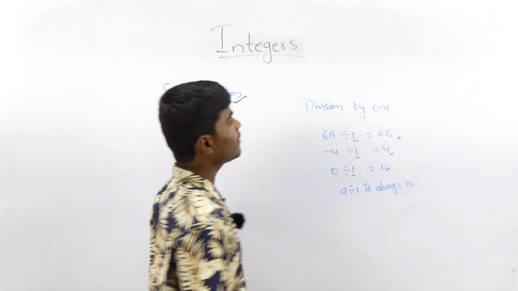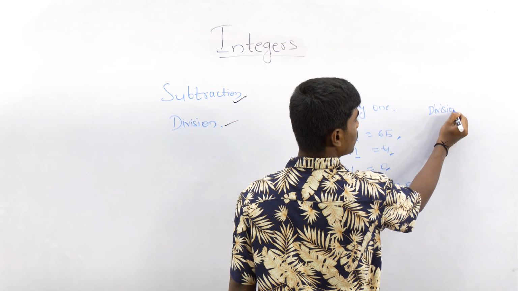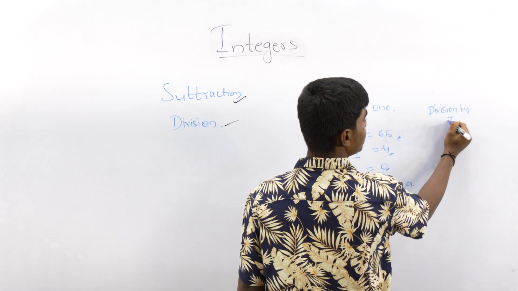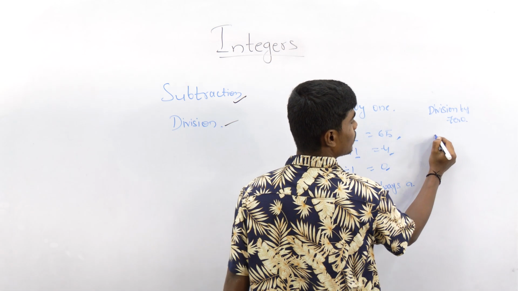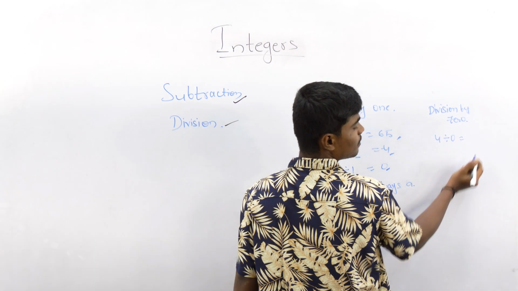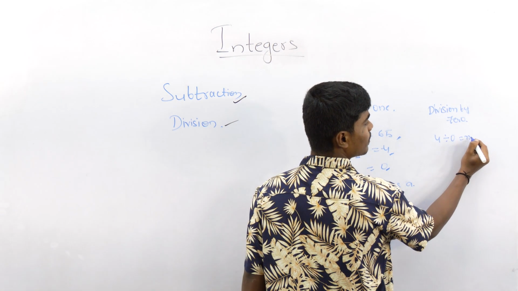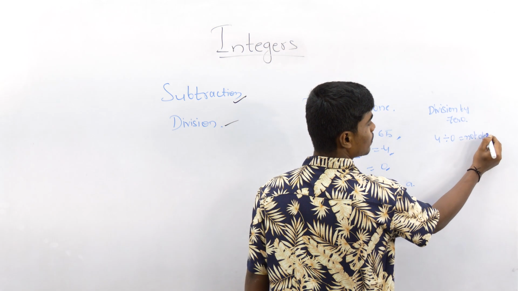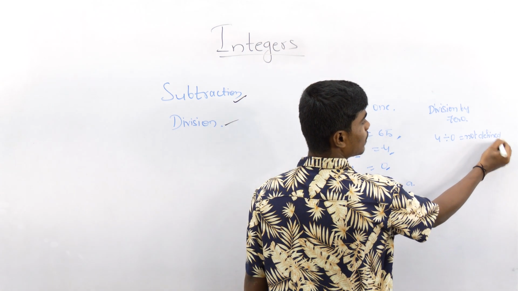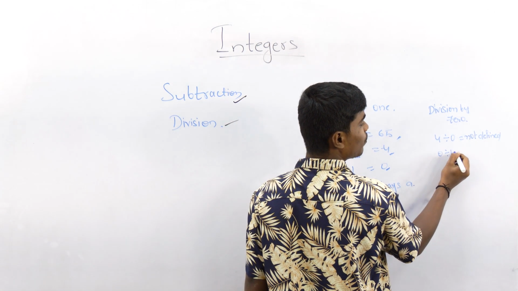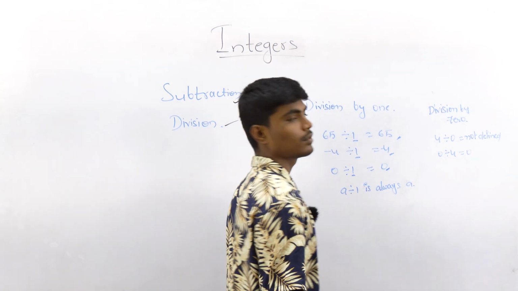Now let's see division by 0. 4 divided by 0 is not defined. And 0 divided by 4 is 0.